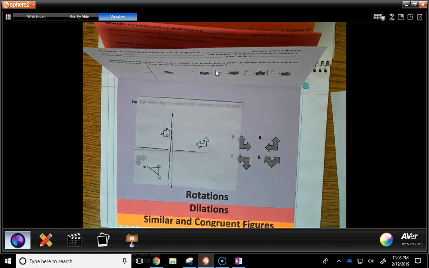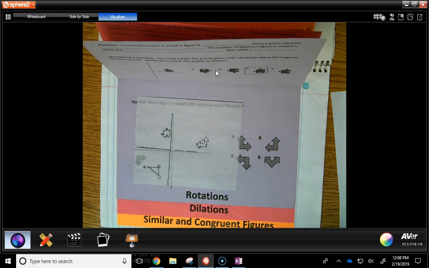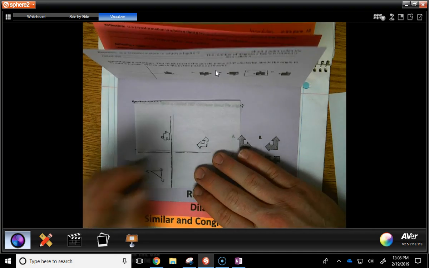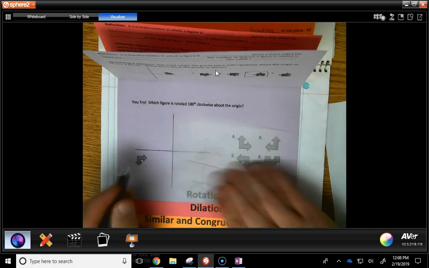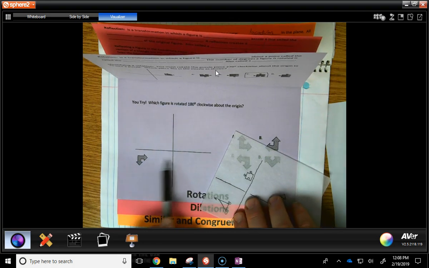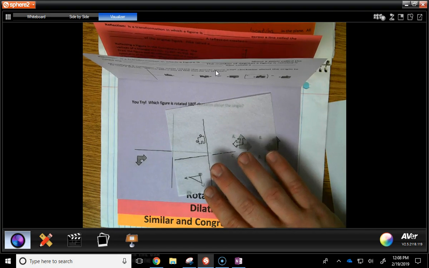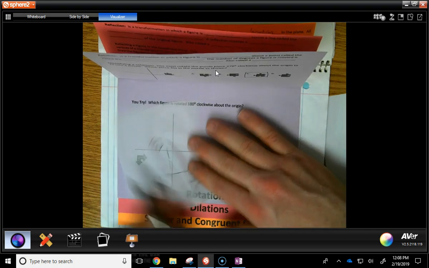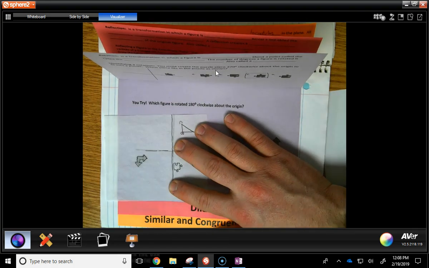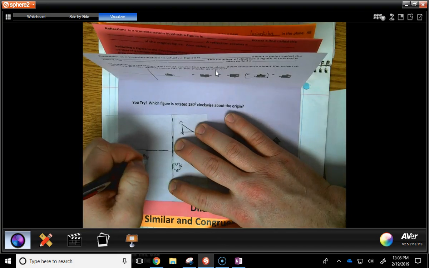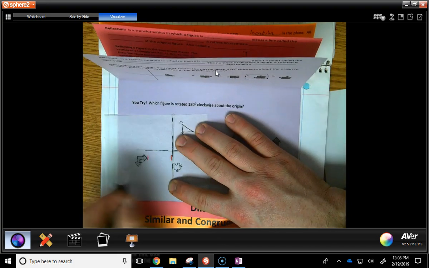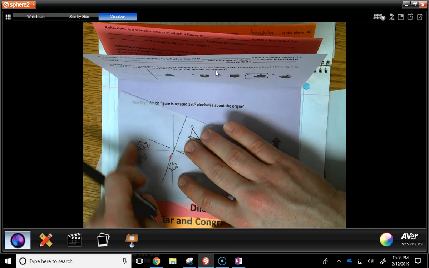One of the biggest things I want us to get from today is also noticing this distance right here. Even when I rotate around, you have to think how many times I'm turning. But this distance, which I'll mark in red, from here to here stayed the same.